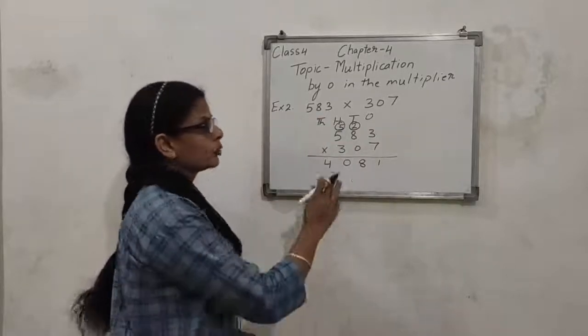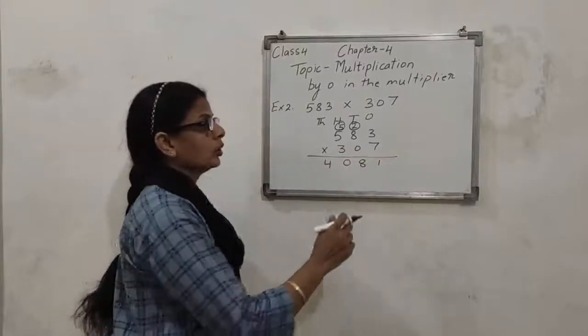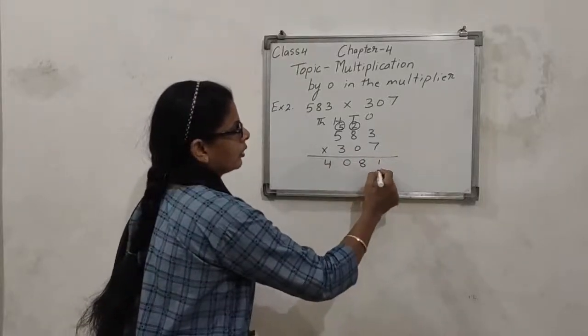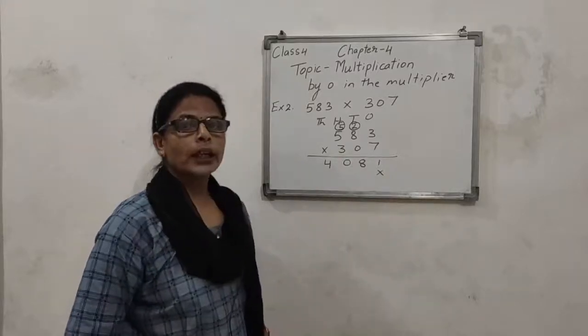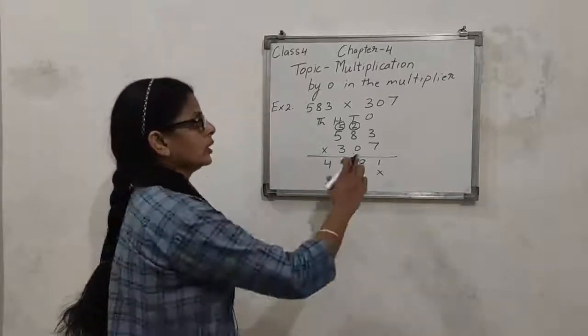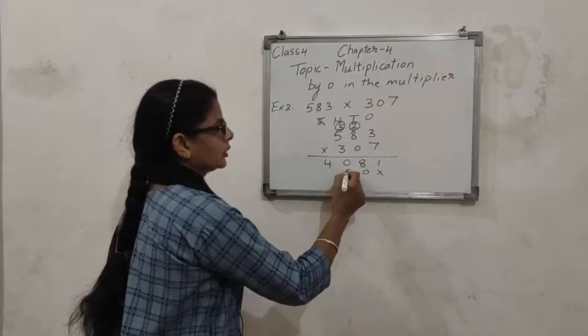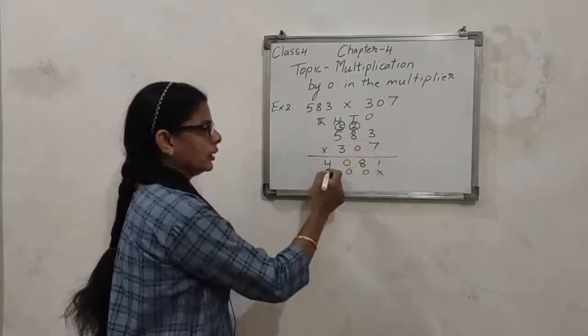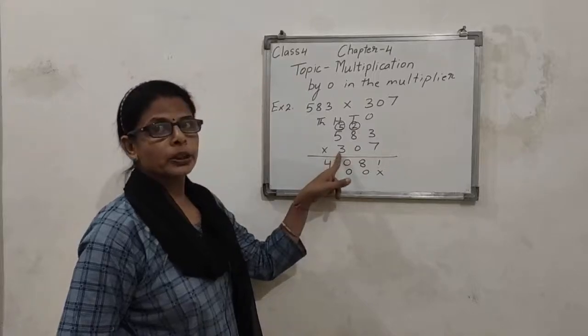Now we have to multiply by the tens place. Tens place is 0. So we'll put cross or 0 on the ones place. All of you know that when we multiply any number by 0, the product is always 0 only. 0 threes are 0. 0 eights are 0. 0 fives are 0 only. Now we have to multiply by the 100 place.